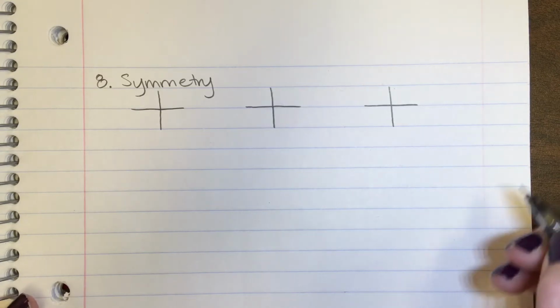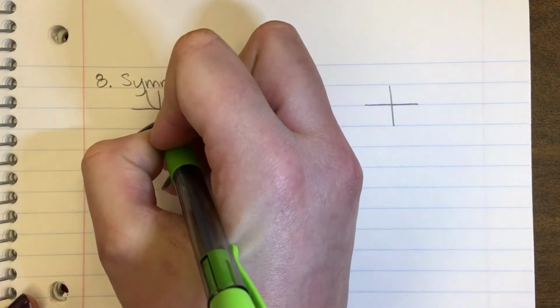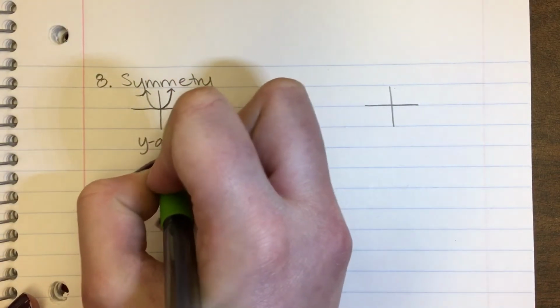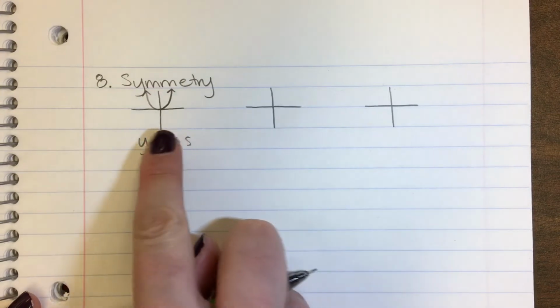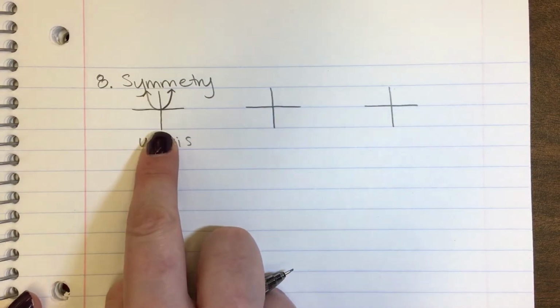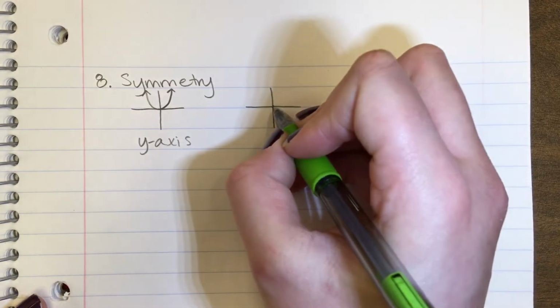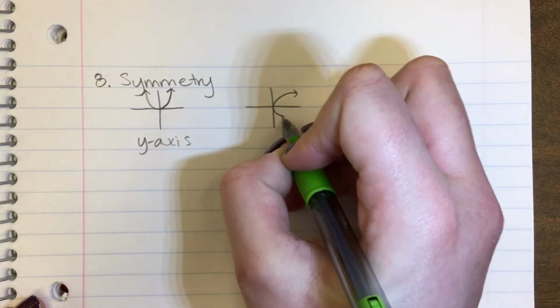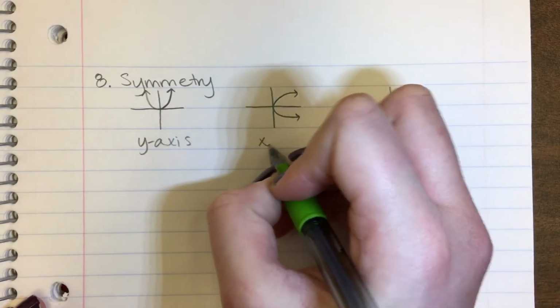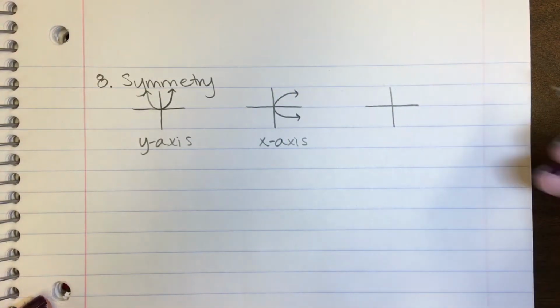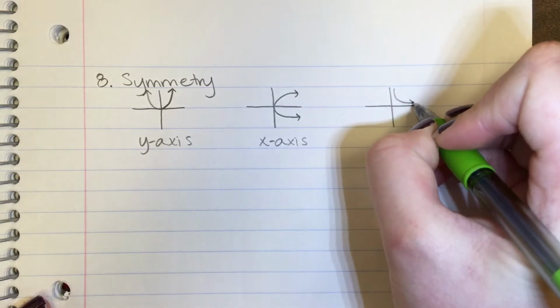So the first type of symmetry that we'll look for is symmetry to the y-axis. So that means that you can fold the graph over the y-axis and see that it's the same on each side. The other type of symmetry we'll check for is symmetry to the x-axis. And then the last type of symmetry we'll check is symmetry to the origin.